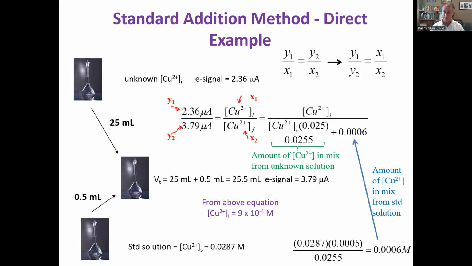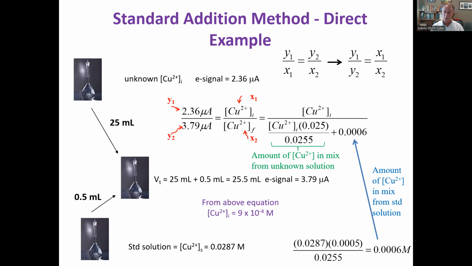That's great. And so this method, the experimental design, is solely designed around solving y1 over x1 equals y2 over x2, which we transform into the ratio of response to ratio of concentration. That's how it's set up to solve that expression, okay? And it does so by essentially taking our unknown solution, putting it in the instrument, and then taking some volume of that and spiking it with a solution of the analyte of interest, whose concentration is known.